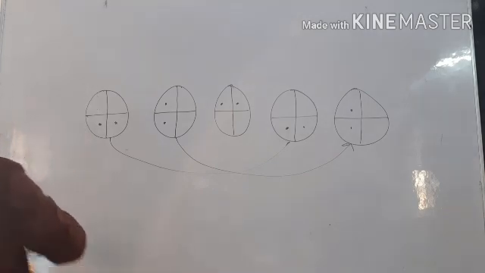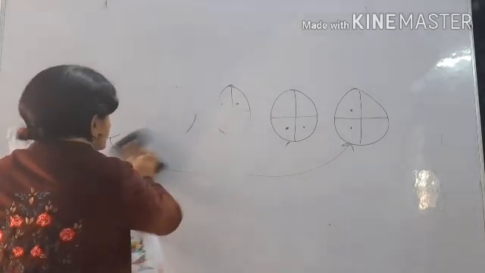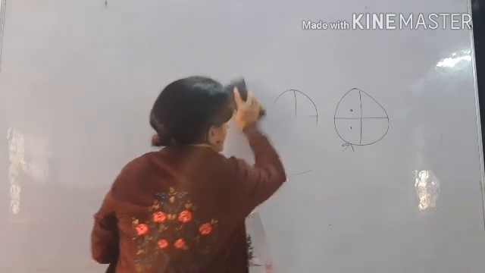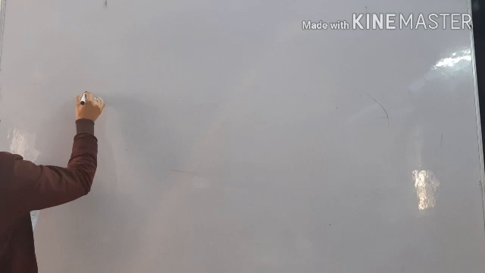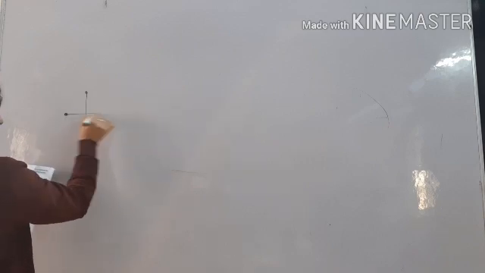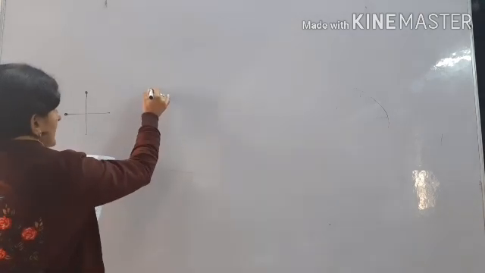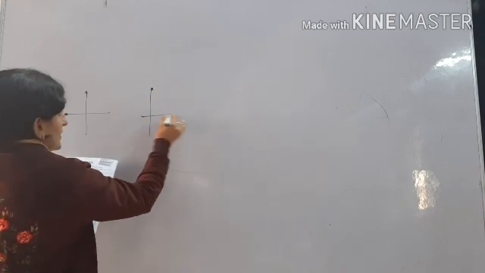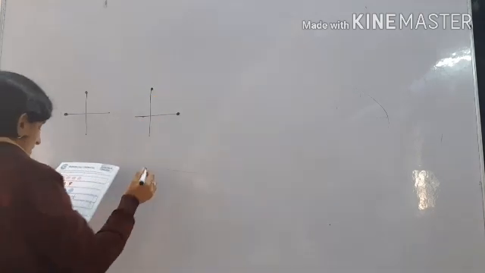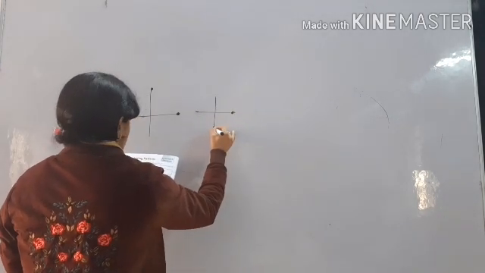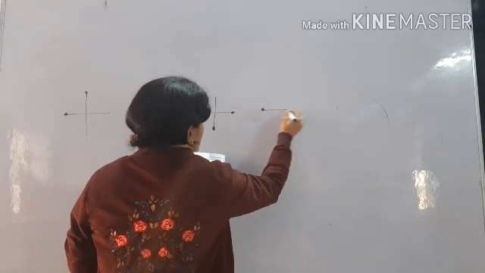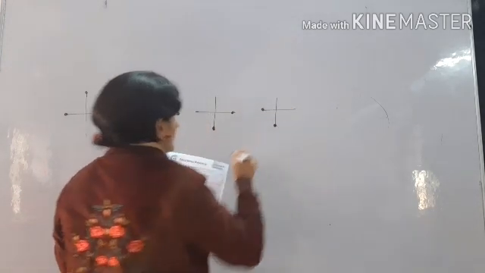Now look at the next. Look at the fourth. So we have been given a cross like this and one is like this, okay. The second is like this and the third is like this. And the fourth is like this, okay.